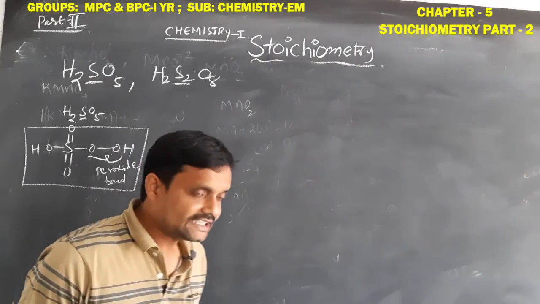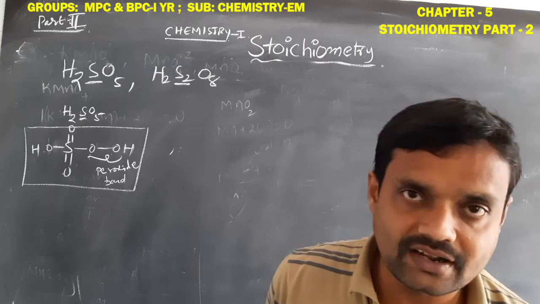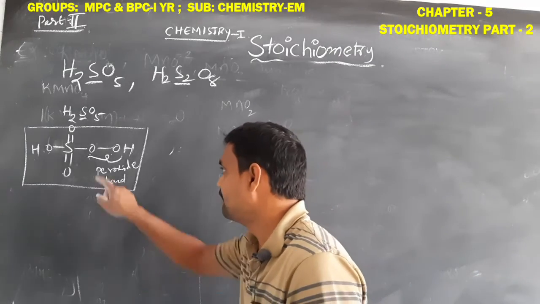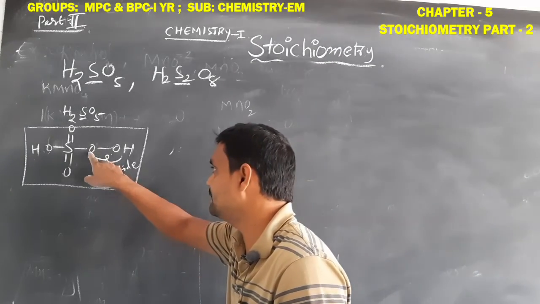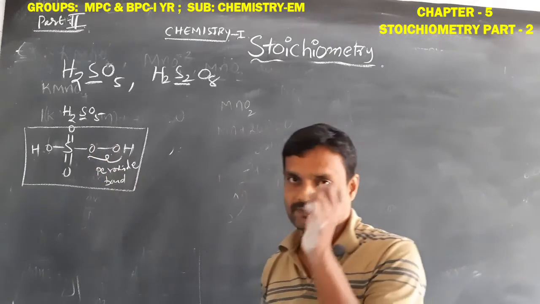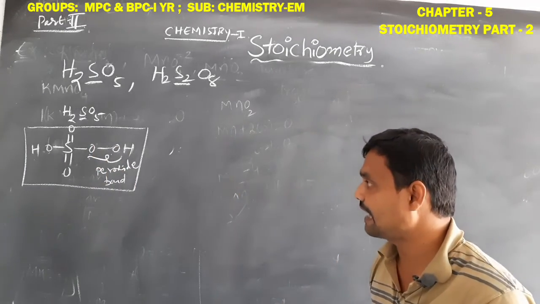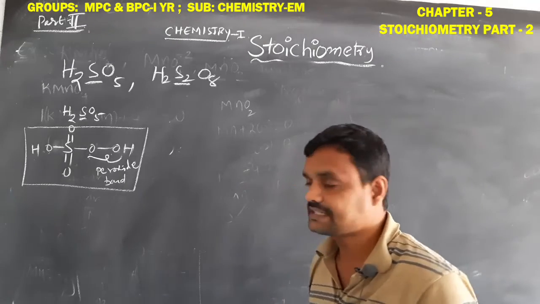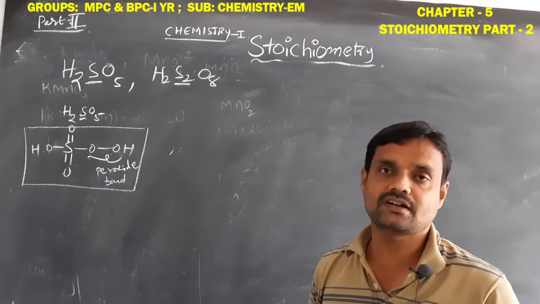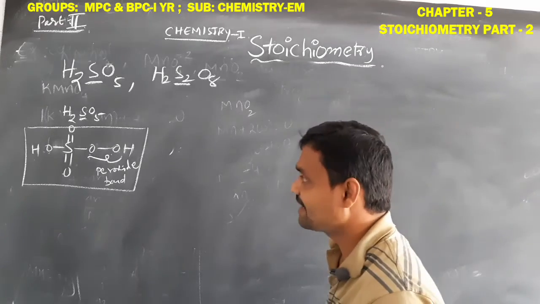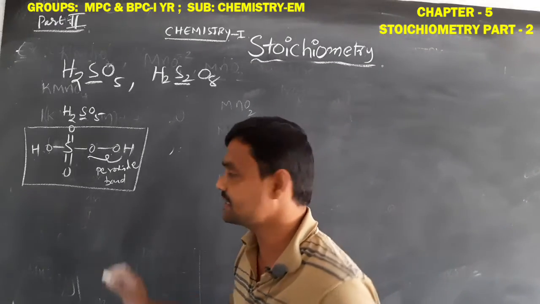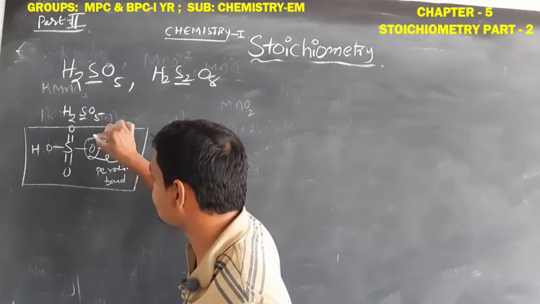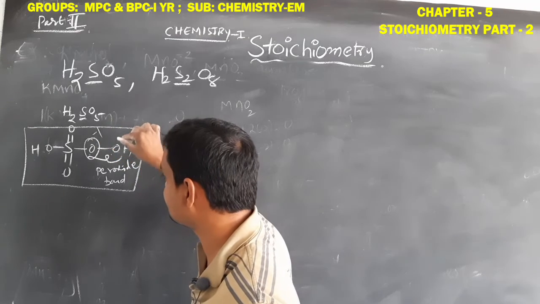How can we determine the bond is a peroxide bond? When the bond is present between the oxygen and oxygen atom, that bond is considered as peroxide bond. Okay, students. So when oxygen is involved in the peroxide bond, already we have to know its oxidation number is minus 1. So this oxygen oxidation number is minus 1.